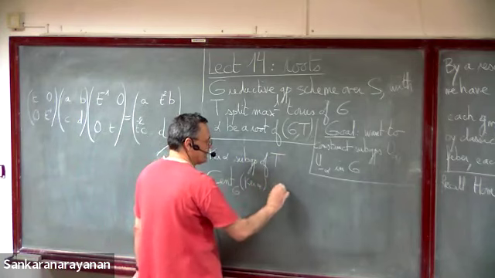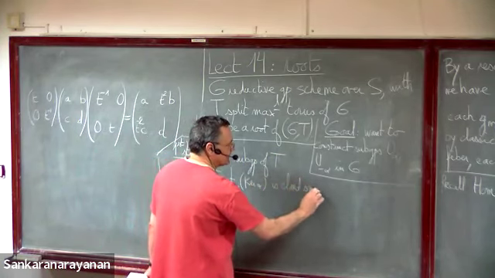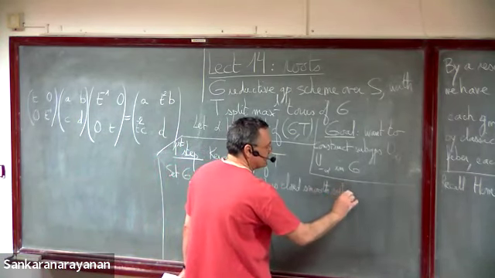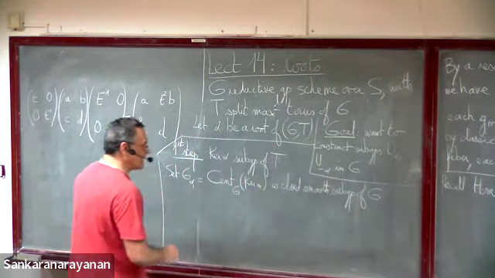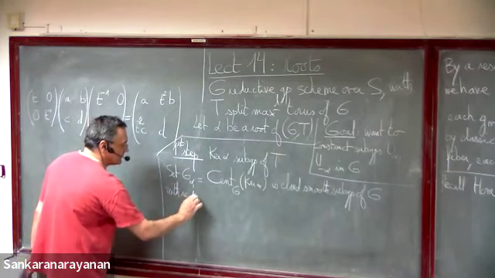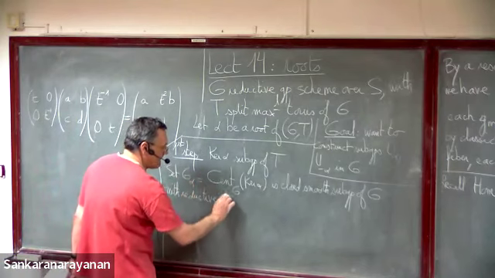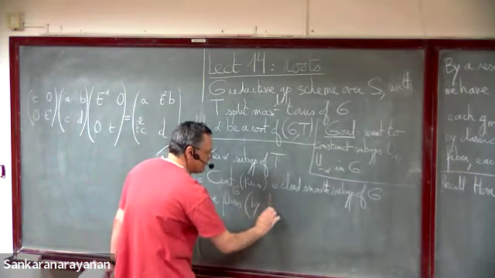So this is a closed, smooth subgroup of G, and with reductive fibers by the classical theory.